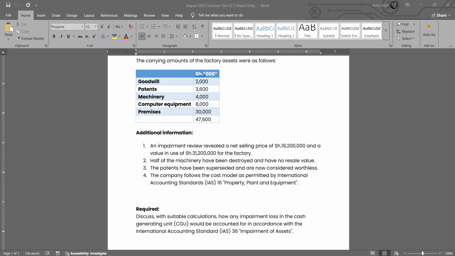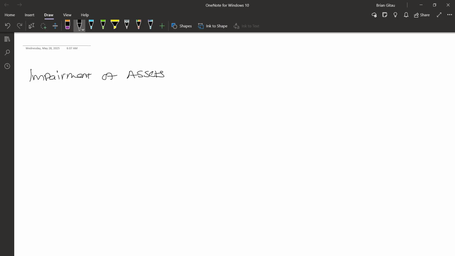Let's go ahead and attempt the question. We have impairment of assets and IAS 36, and the question is August 2022 question 2A. The first thing we are going to do is check whether there is any impairment in that cash generating unit as a whole.